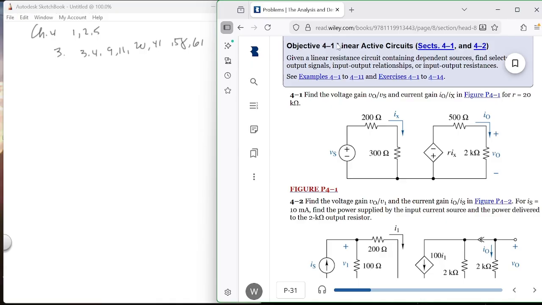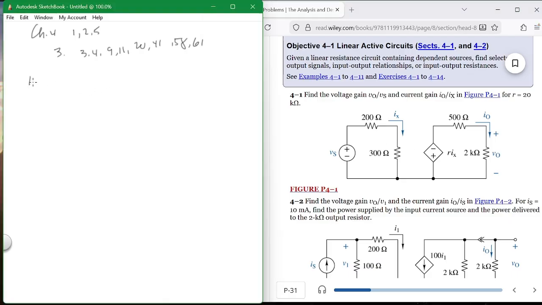Okay, so number 1, and what are they asking for? They're asking for the gain, V out over V source. So number 1: Vs, plus to minus, and then you've got 200 up here and 300 down here, and then a separate circuit over here, and this is Ix.